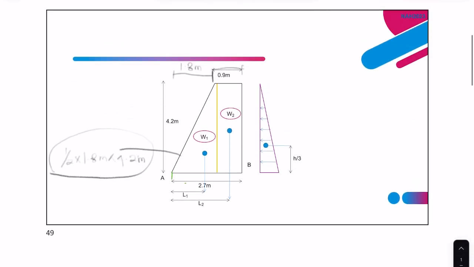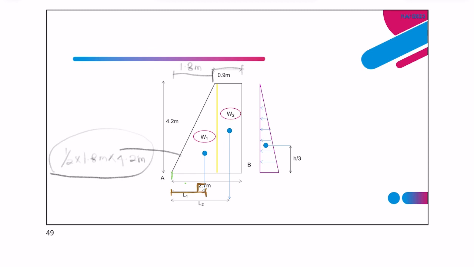So meaning the distance should be from the centroid of W1 to point A at the toe, which is the distance we want, L1. To get the moment, remember the distance must be 90 degrees from the direction of the force.